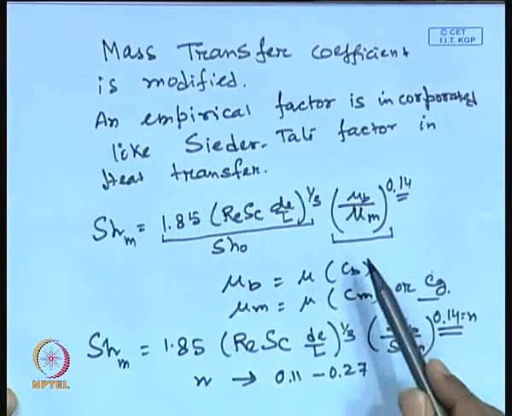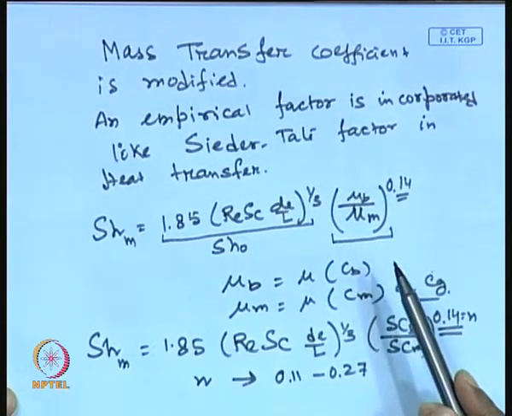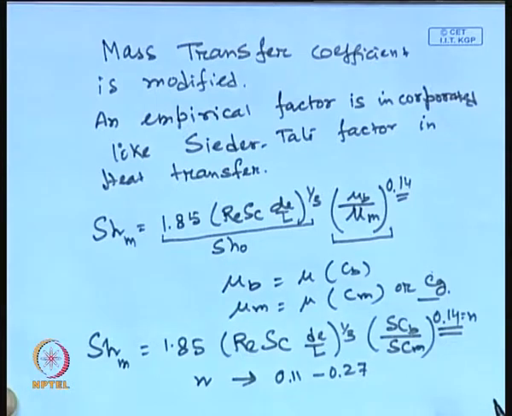Similarly, the variation of diffusivity as a function of concentration is also available from the literature. And for density, you can prepare solutions of different concentrations and measure their density. That can again be expressed as a function of concentration, and this whole Schmidt number can be expressed as a function of concentration appropriately. Then the whole thing can be utilized in order to calculate the permeate flux or permeate concentration.